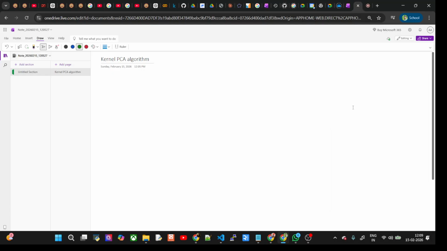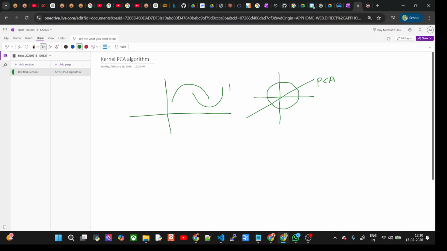So let's start now. Yesterday we saw that we have a non-linear relationship in the lower dimension. For example, if my input is something like this, or like a circle, and my features show this kind of non-linear data set, then I cannot use normal PCA just to show a linear relationship between the points.